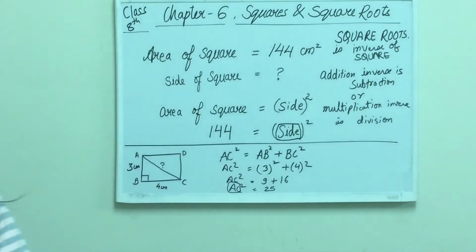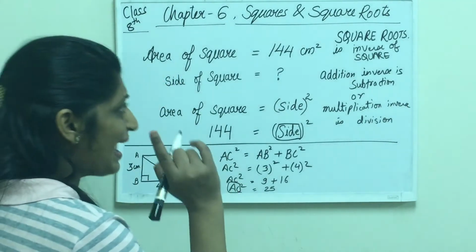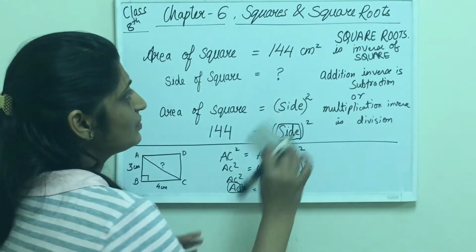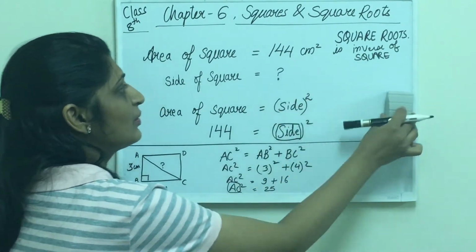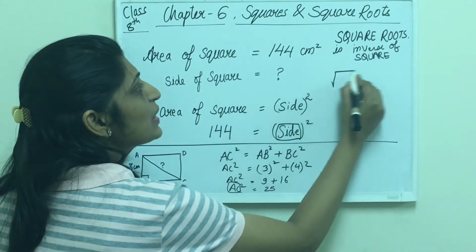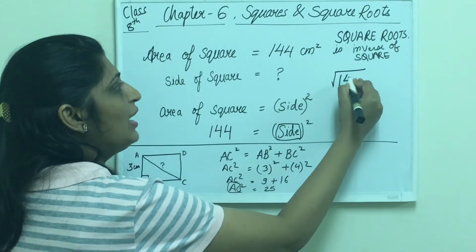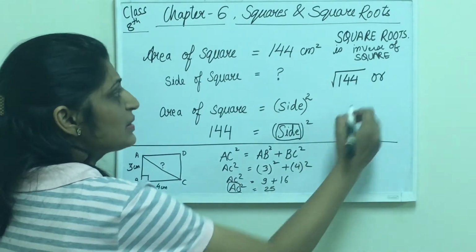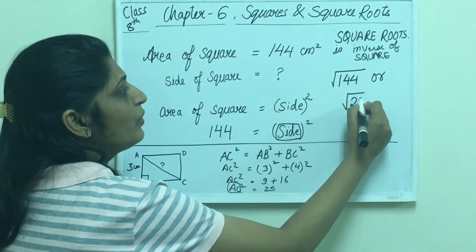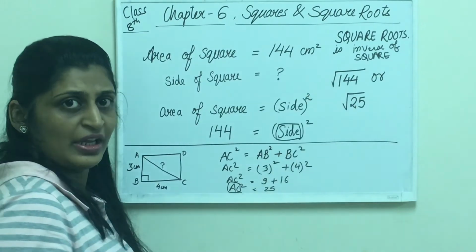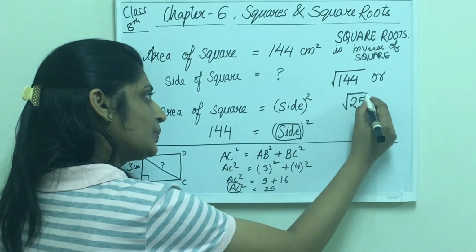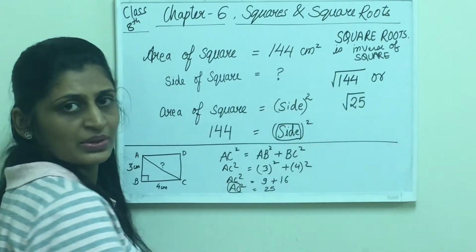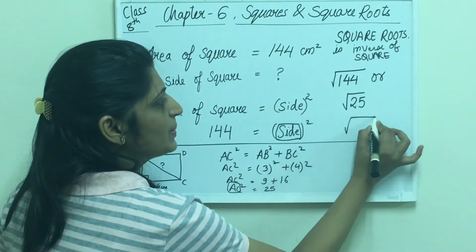We represent the square root as square root of 144 or square root of 25. This is the square root symbol.